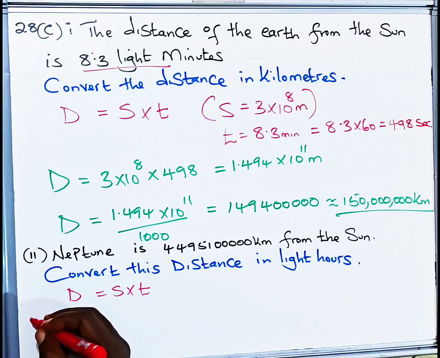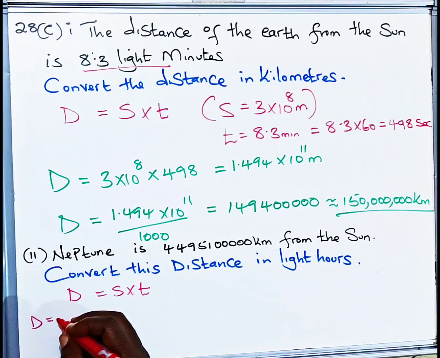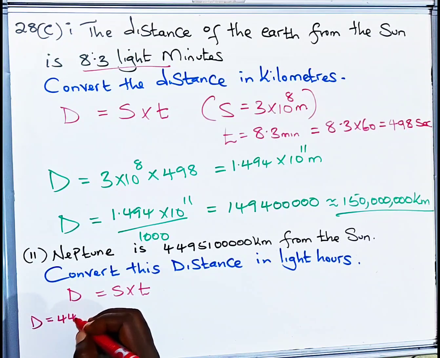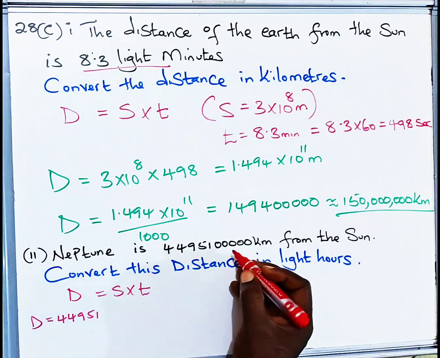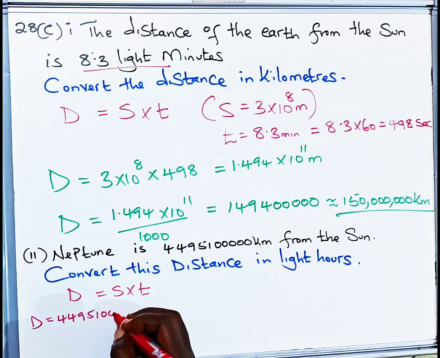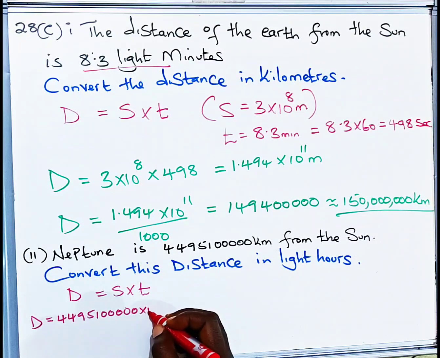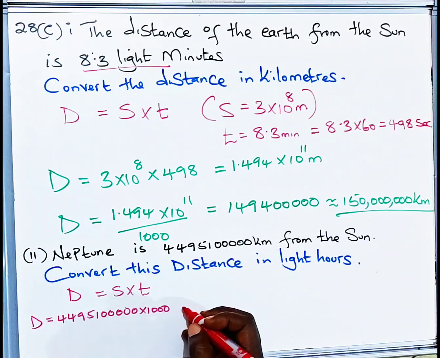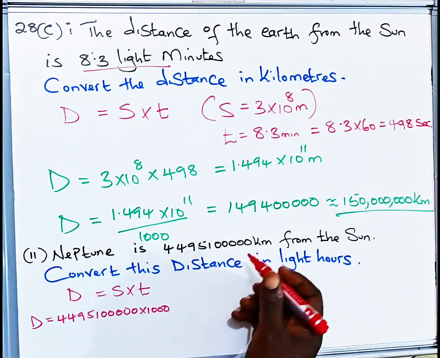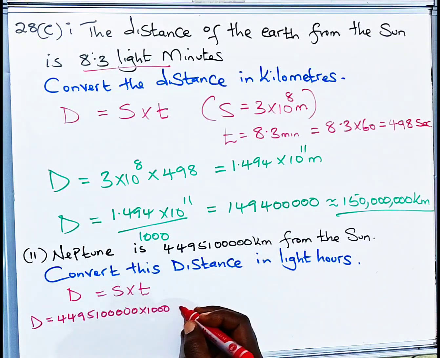The distance is 44951, then 0, there are 5, then times 1000, because we need to convert it to meters, and these are kilometers.